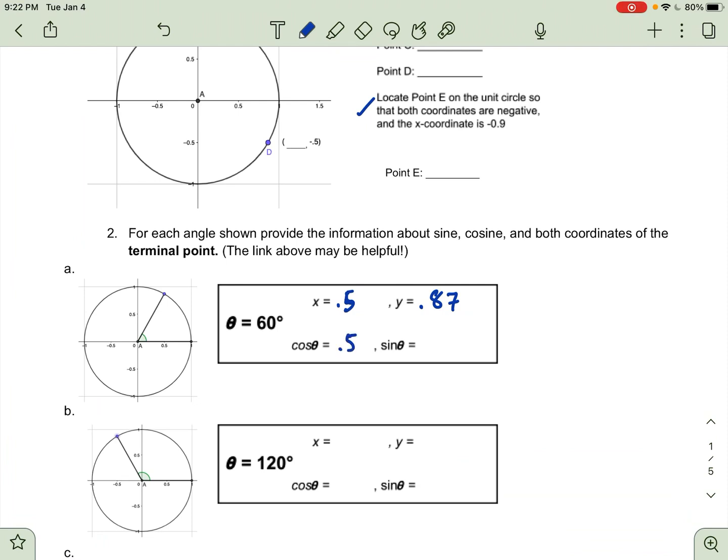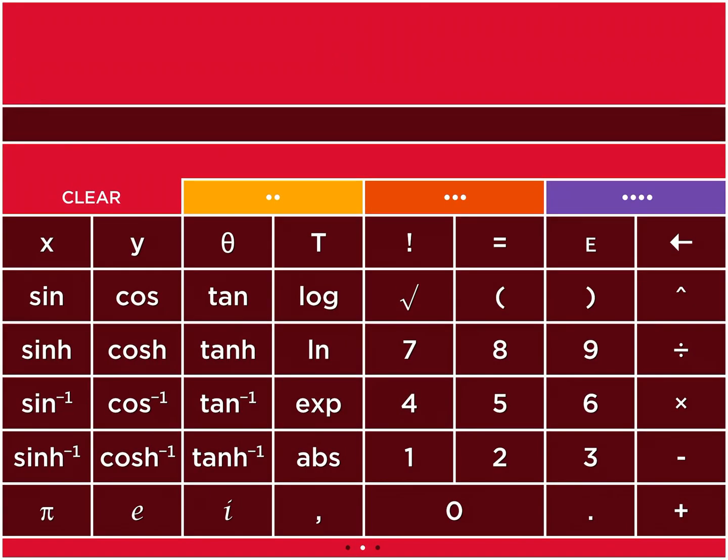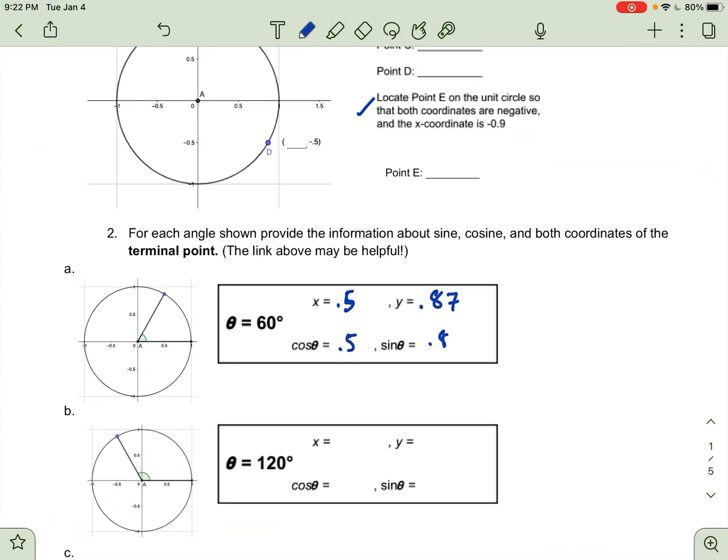Let's look at the sine of 60 degrees. And there we go. Sine 60 is 0.866, so that would round to 2 decimal places as 0.87. Look at that. It's the same number. There we go, 0.87.